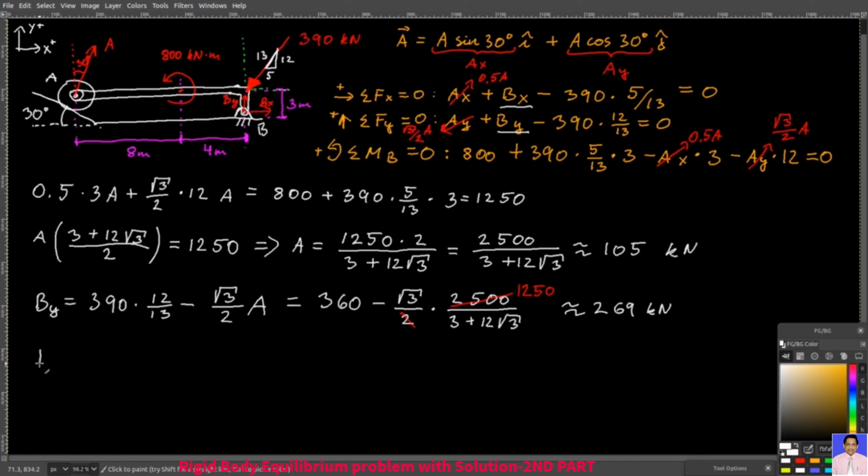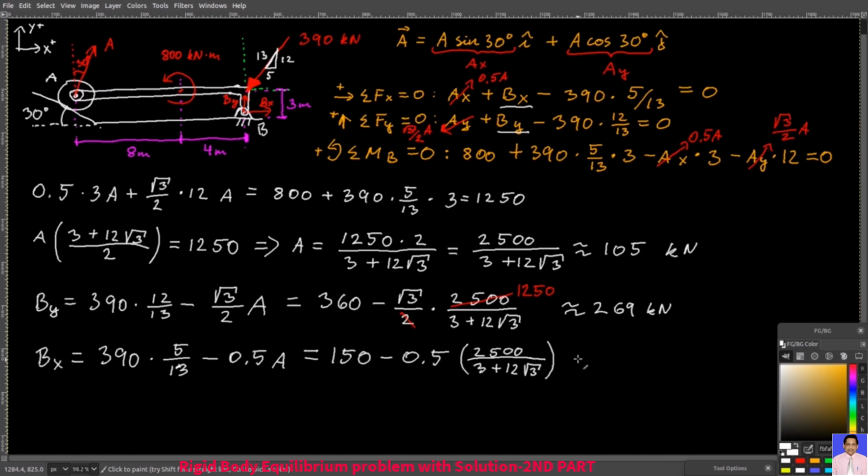I will write it like this. Bx equals all this, which is approximately 97.4 kilonewtons. And there you go, you have your answers. All the support forces are positive, which means that your assumption about their directions was correct.